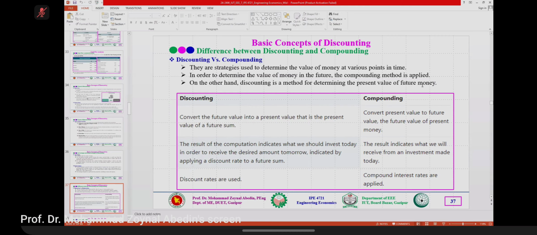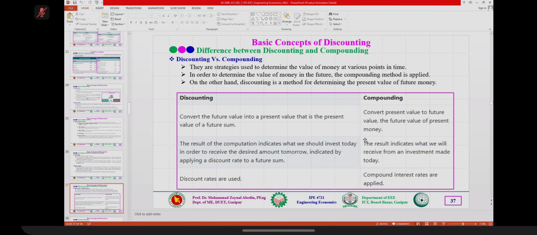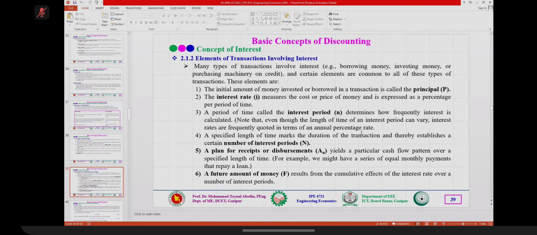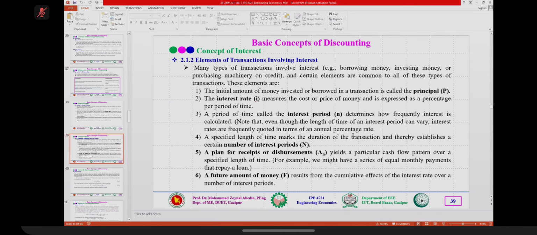And compounding is the money that will be calculated in the future and received in the future based on today's investment. Let's have an example. I will give you one example here also. After 2 slides the example is here. Just wait, please.